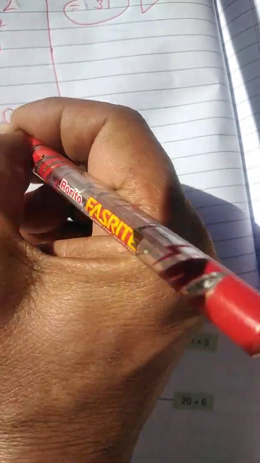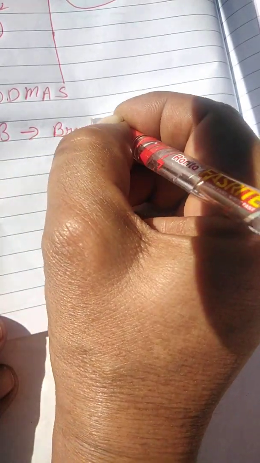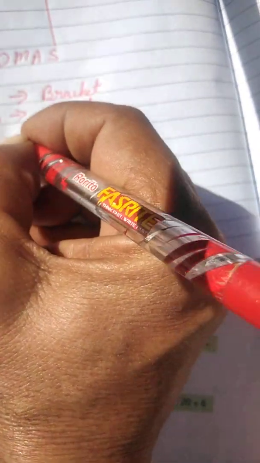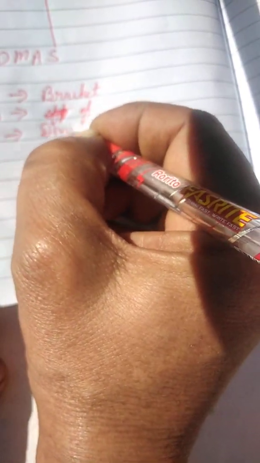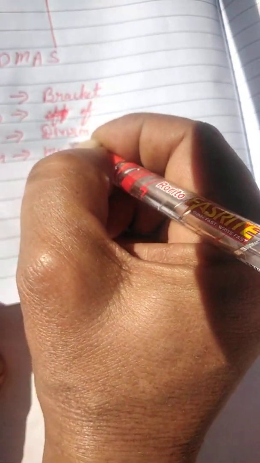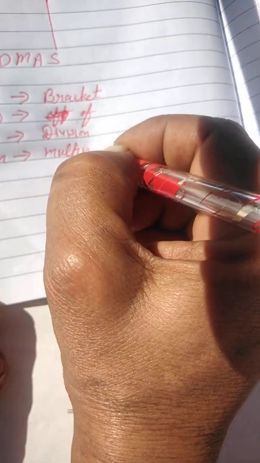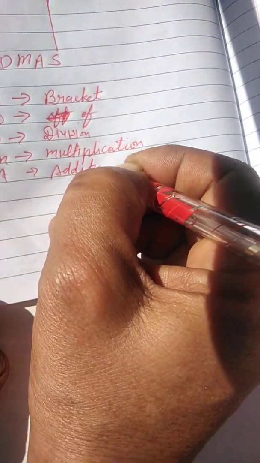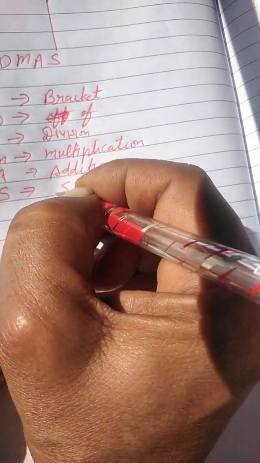BODMAS. Here in BODMAS, B stands for bracket, O stands for of, D stands for division, M stands for multiplication, A stands for addition, S stands for subtraction.